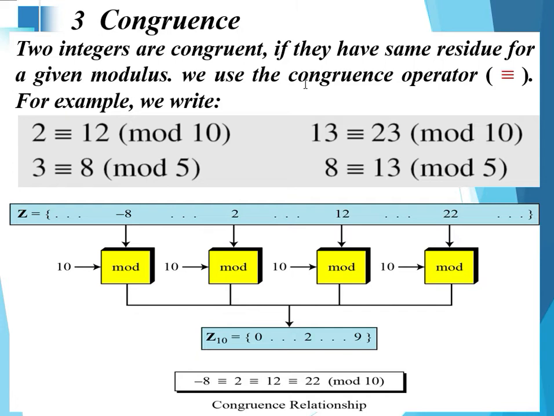To show that two integers are congruent, we use the congruence operator, which looks like this. We add the phrase mod n to the right side of the congruence to define the value of the modulus that makes the relationship valid.